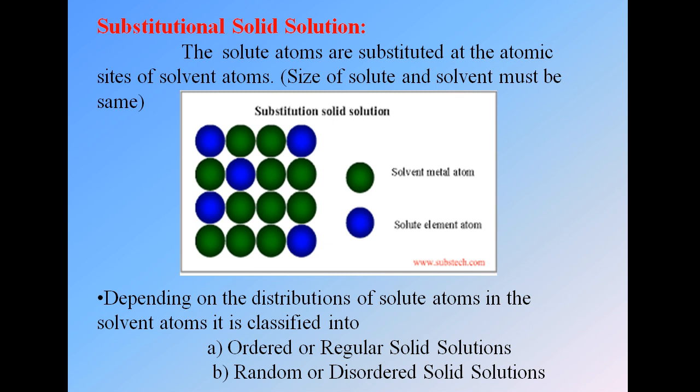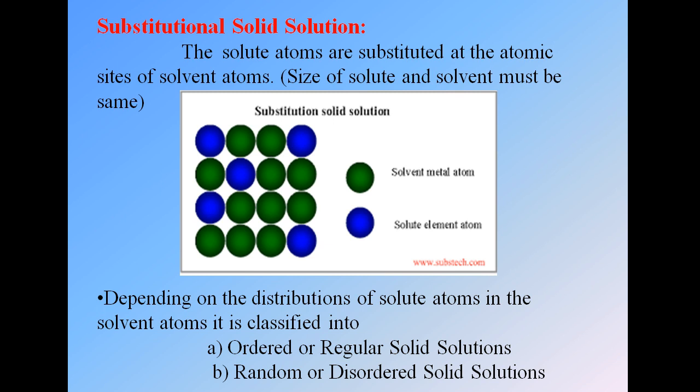So initially we place every sphere in green color, so it is solvent. And after some time we replace some green spheres with blue spheres. It means I am replacing the solvent with a solute.